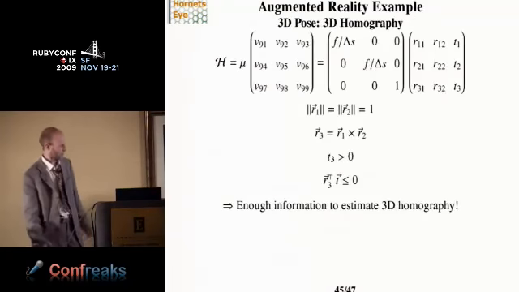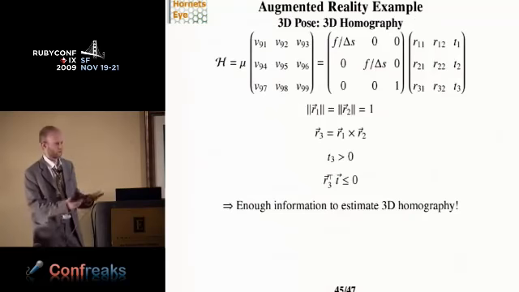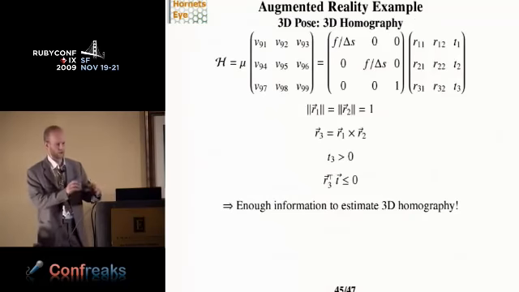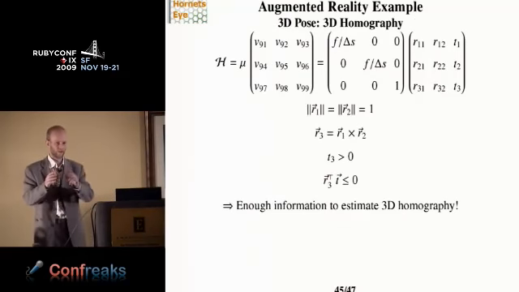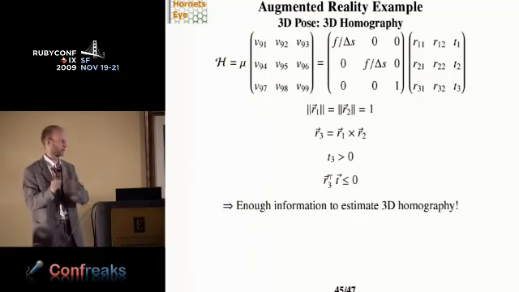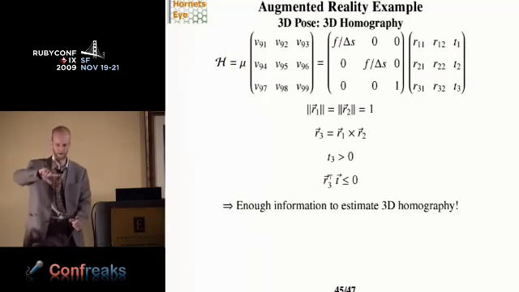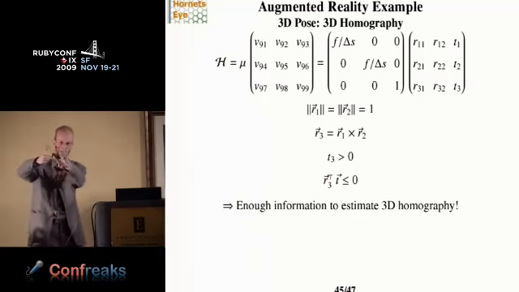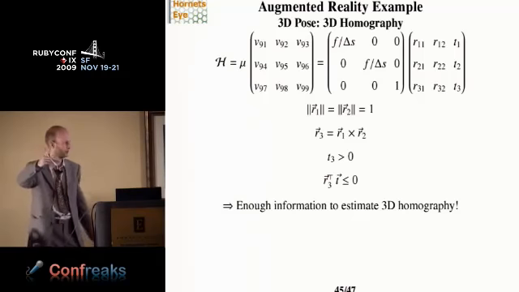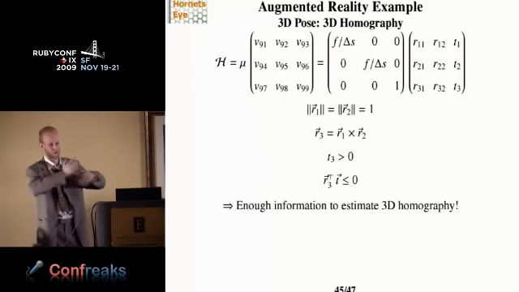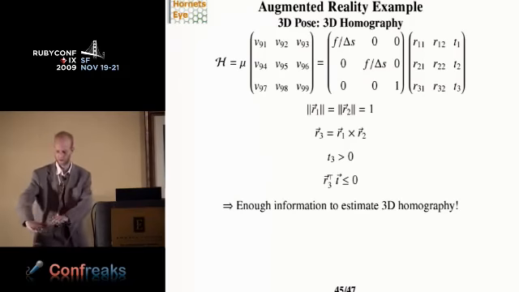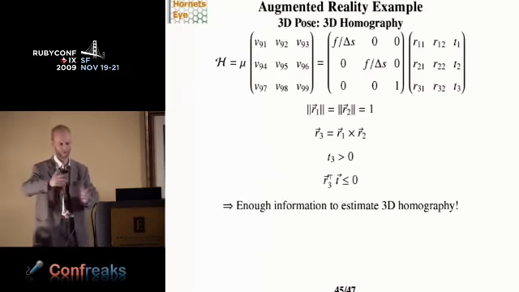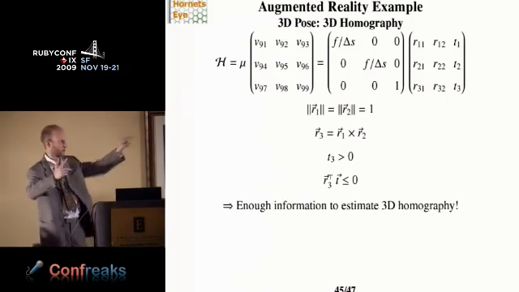Because now you know the matrix apart from a constant factor, but you know that this consists of the known camera matrix and another matrix containing two vectors from the rotation matrix and a translation vector. And the vectors in a rotation matrix are always length 1. And the third vector, which we dropped earlier because the third dimension is always 0 for our points, we know must be orthogonal to those two.